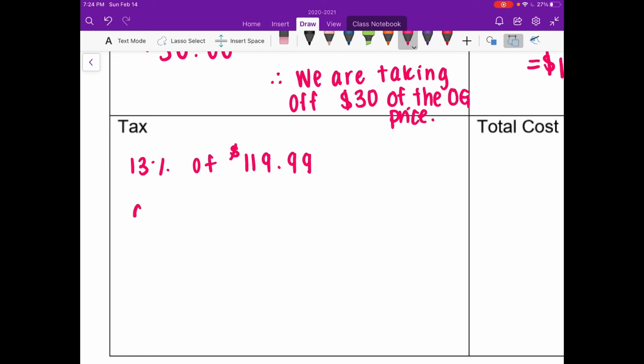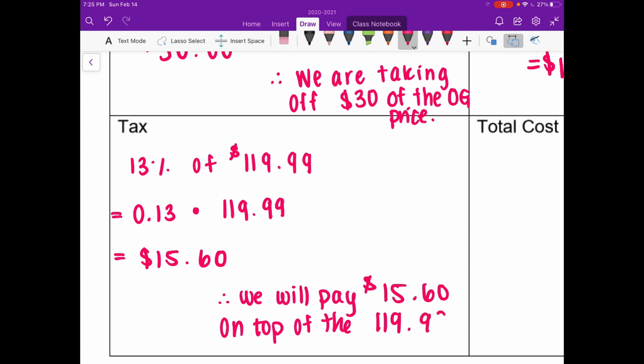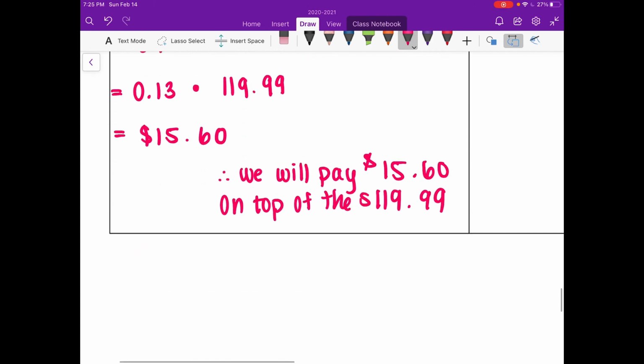We're going to do 0.13 multiplied by $119.99, which equals $15.60. So therefore, we will pay $15.60 on top of the $119.99 for the jacket.